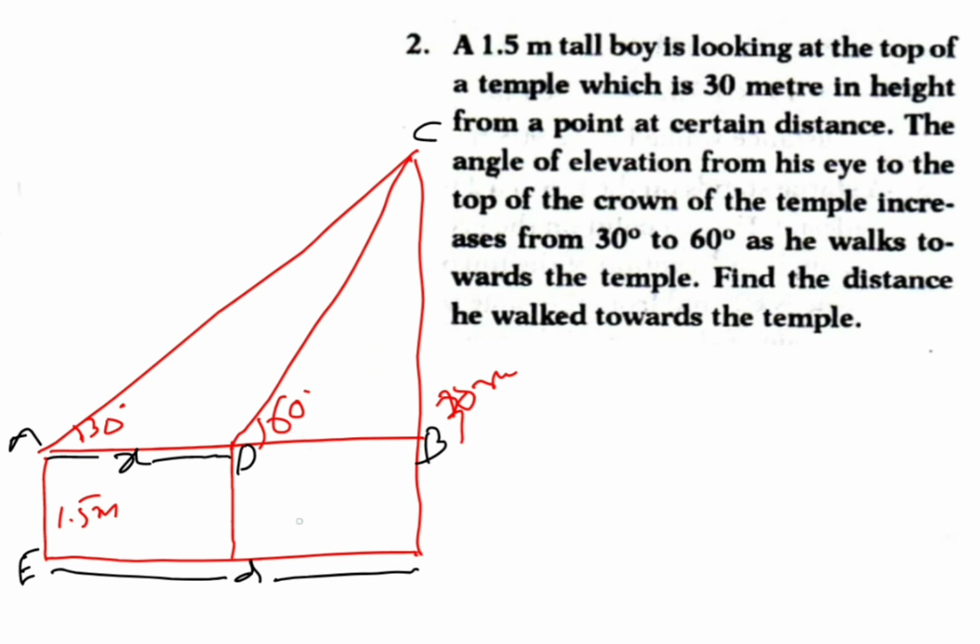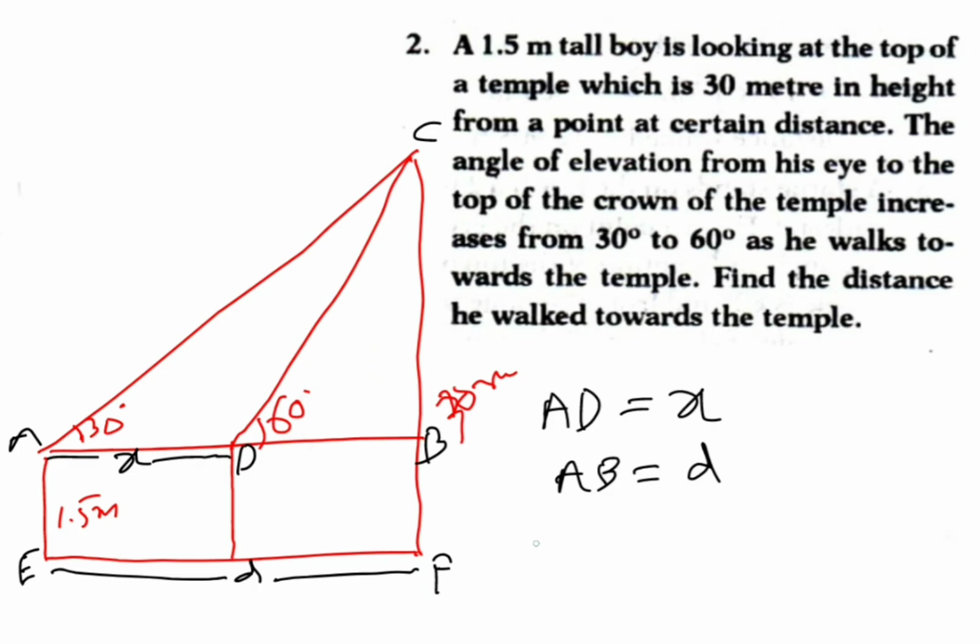AE equal to 1.5 meters is no need, but we need to find this AD. AD is equal to x and AB is equal to d.